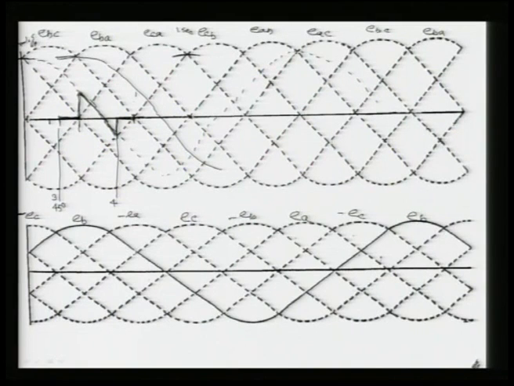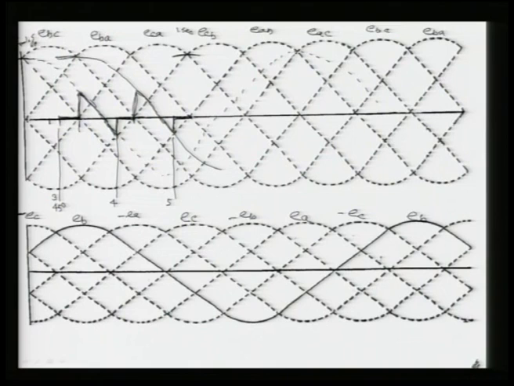So the voltage will come here, then follow this one, and again go for 45 degrees till this value, where we give the pulse to 5. Once you give this, the voltage becomes 0 for 15 degrees.